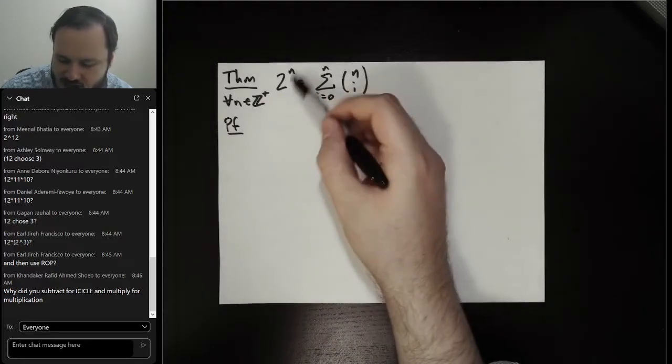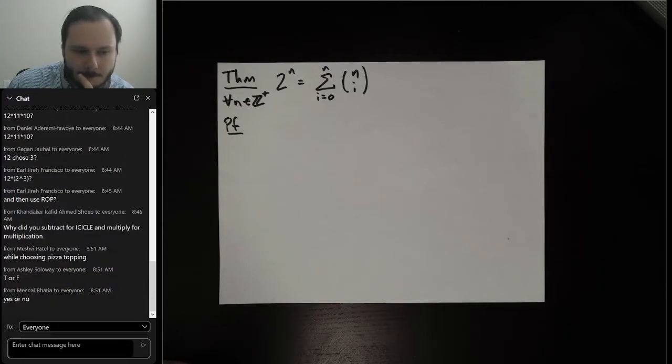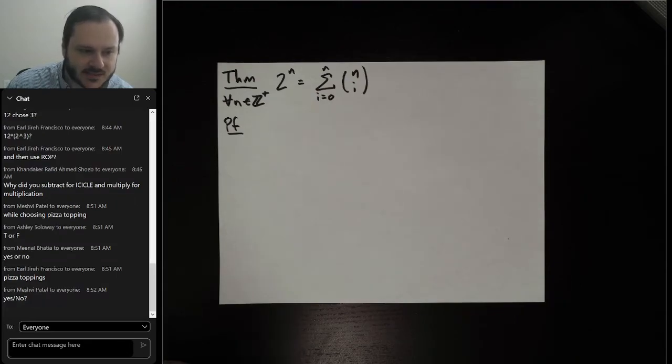When did 2 to the n come up? It was a week ago already, way back on Thursday. What did 2 to the n count for us? Yeah, true or false, yes or no, pizza toppings.